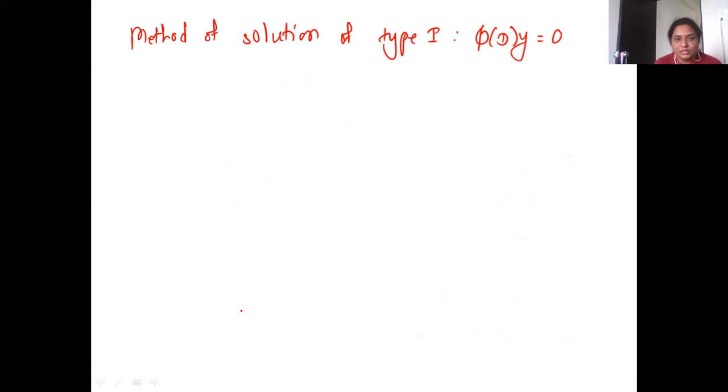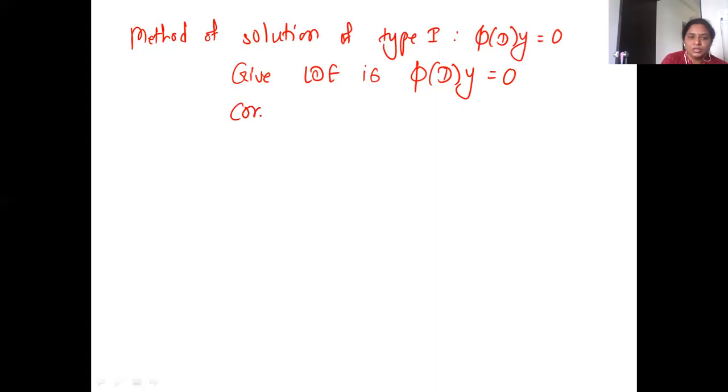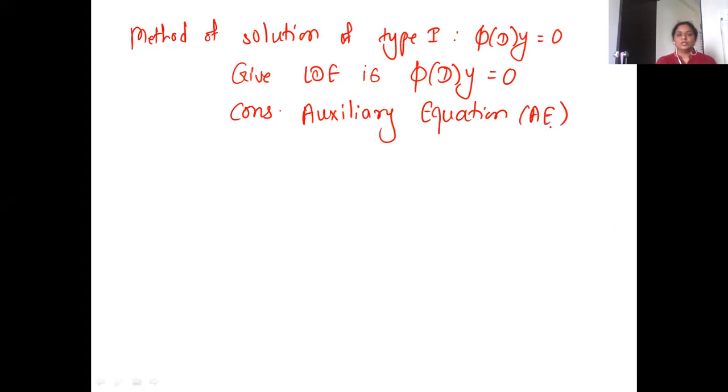So how to solve this, everyone pay attention, write it later. Whenever the equation is given, the linear differential equation phi(D)y equal to 0, then you have to consider its auxiliary equation, short form A.E. If this is your equation, its auxiliary equation is that polynomial equal to 0.